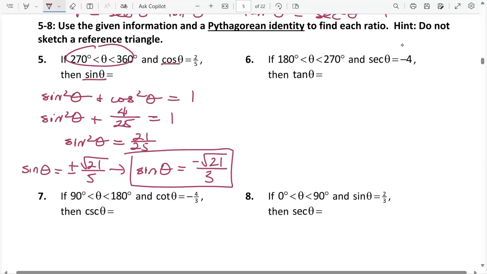In number 6, we have an angle between 180 and 270, and we have the value of secant of theta, and we're looking for the value of tangent of theta. So, if we remember our trig identity, tangent squared of theta plus 1 is equal to secant squared of theta.